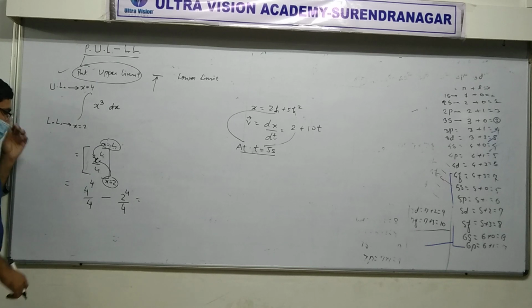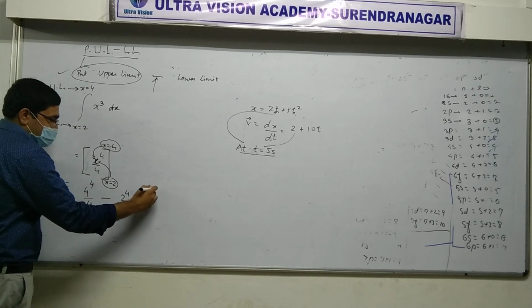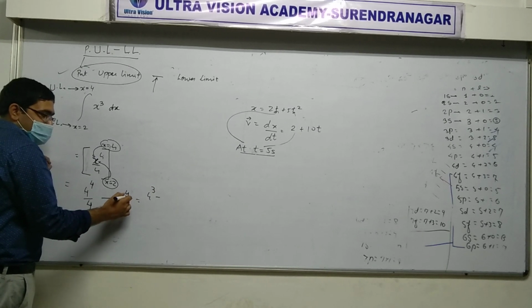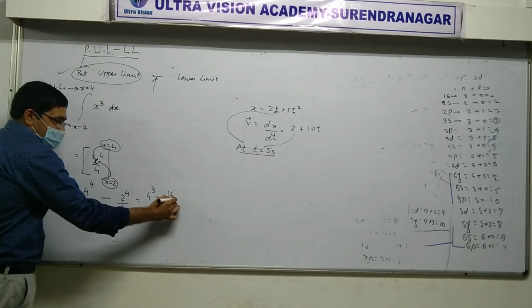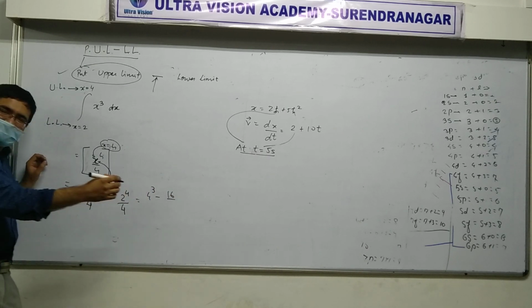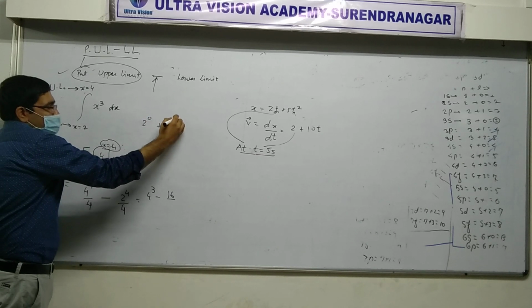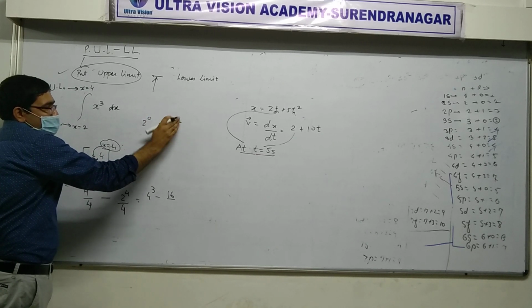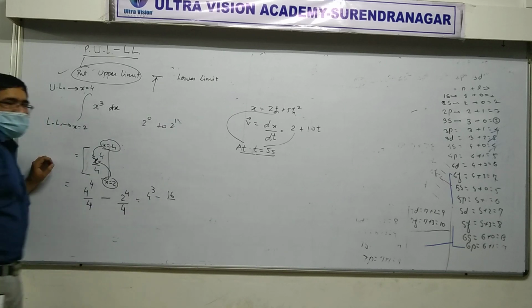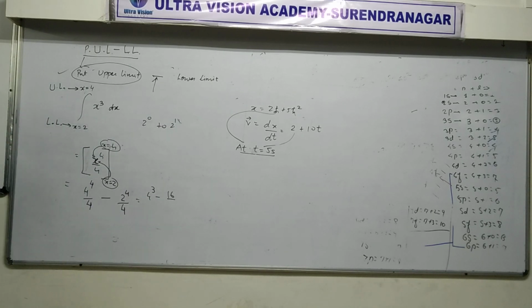That is 4 raised to 4 upon 4, which means 4 raised to 3, minus 2 raised to 4 upon 4, which is 16. Yes or no? Powers of 2 again: 2 raised to 0 up to 2 raised to 11. Is that so tough? No, very simple.